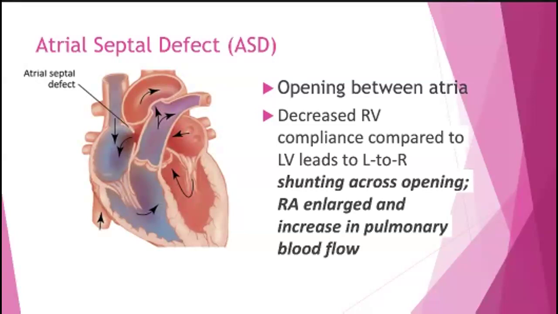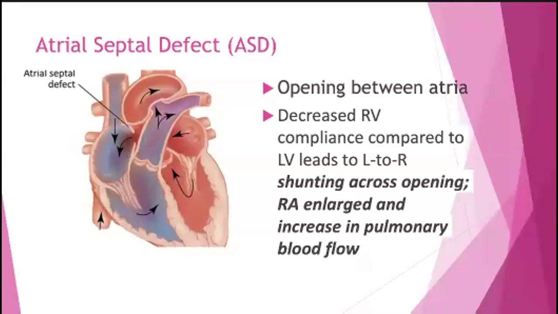Extra blood goes into the right atrium, then into the right ventricle, and finally into the pulmonary artery. This leads to increased pulmonary blood flow and volume overload on the right side of the heart. Over time, dilation of the right atrium and the right ventricle puts an increased risk for pulmonary hypertension.